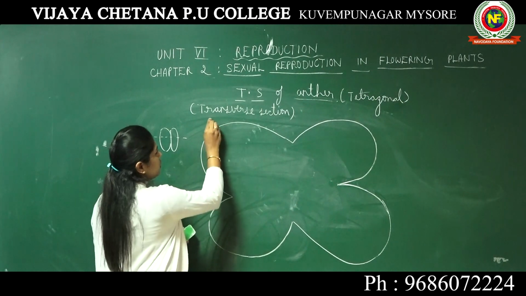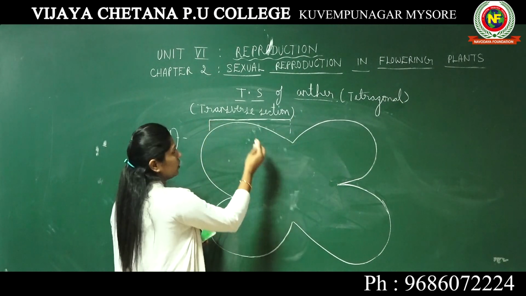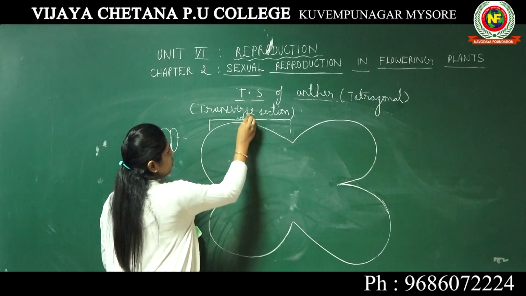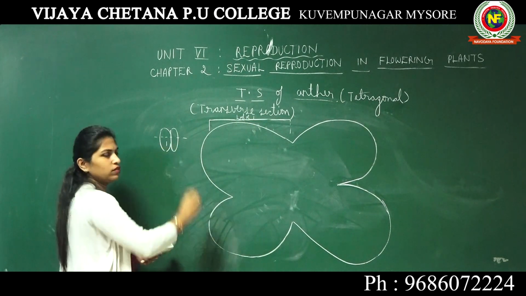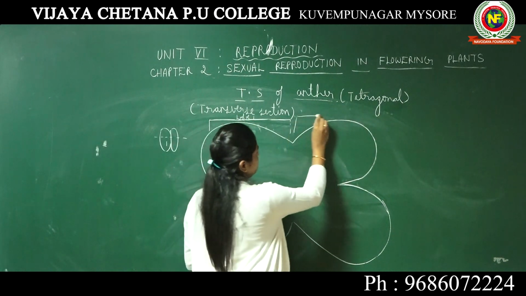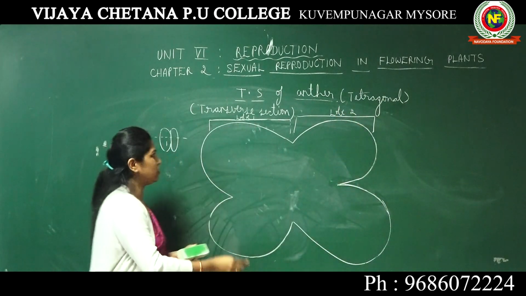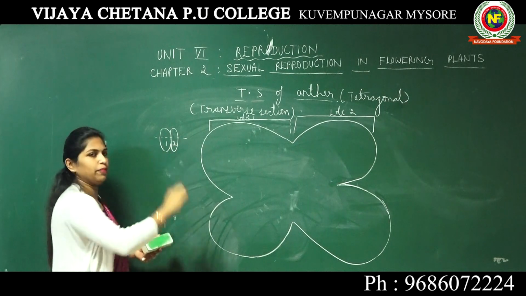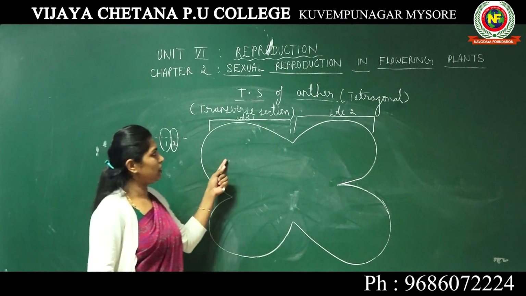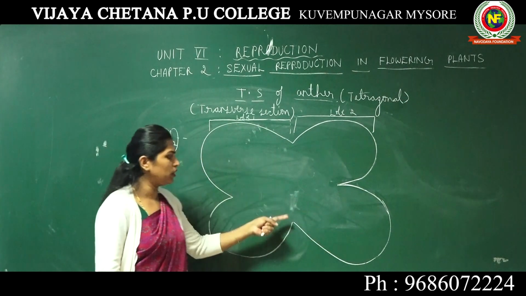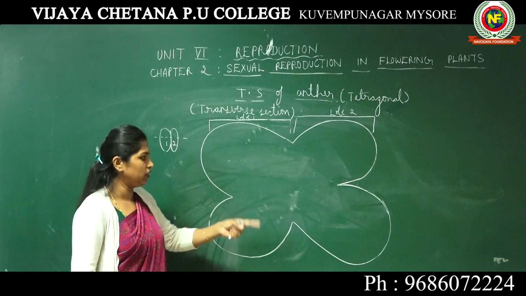Now, this part of the anther represents lobe 1, and this part of the anther represents lobe 2. You can see the anther is tetragonal in shape, that it has 4 corners.